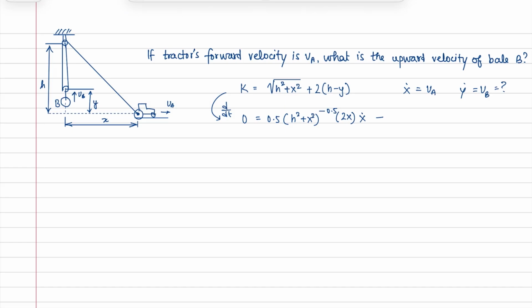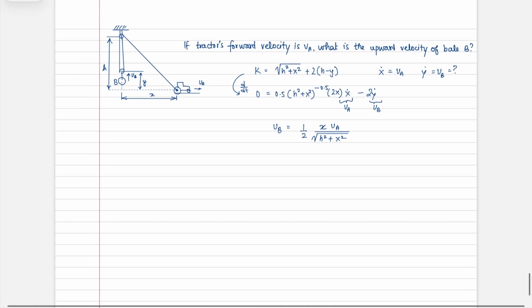So you have minus 2y dot is equal to 0. This here is VA. This here is VB. And if I were to now rearrange this, I would then get VB is equal to half x VA over root over h squared plus x squared.